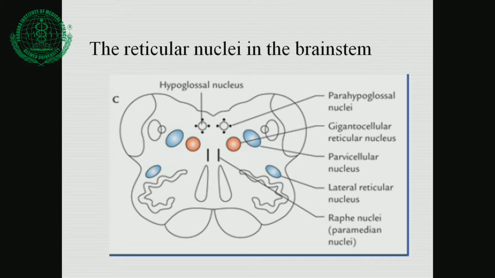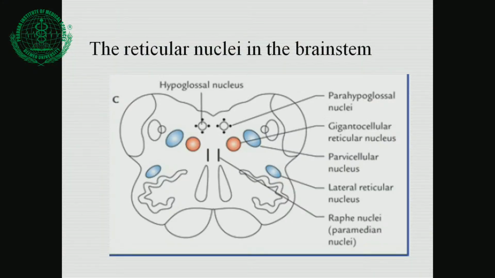We have seen the nuclei present within the brainstem. The median column of nuclei is known as the raphe nuclei. Just lateral to it is the medial column, and the third one is the parvicellular column.